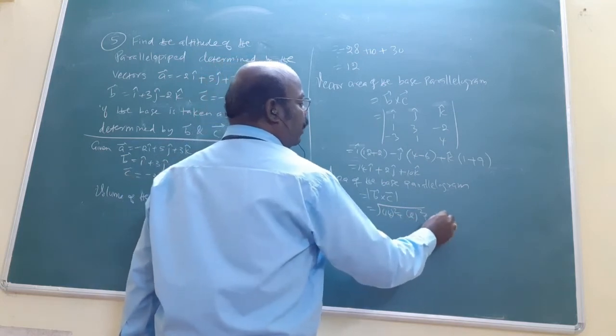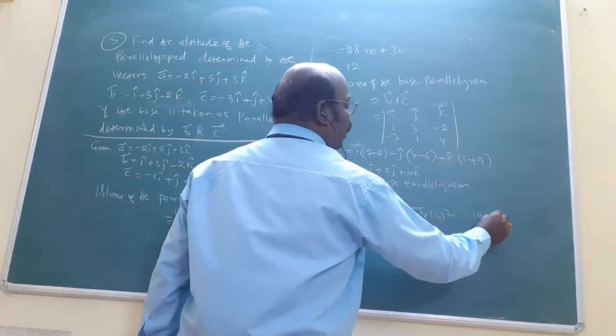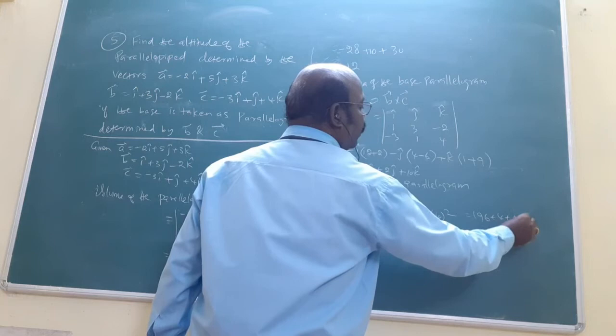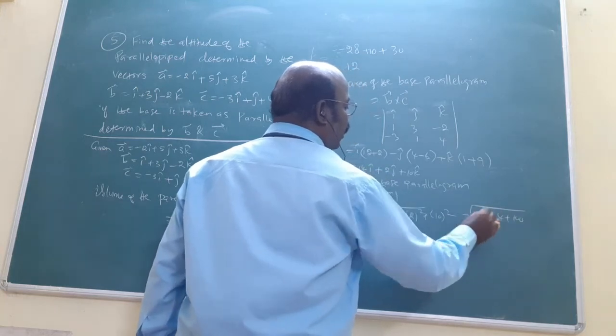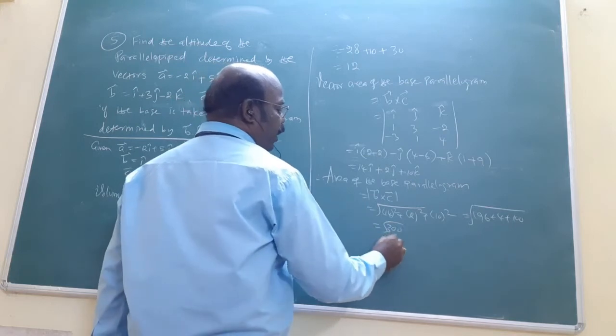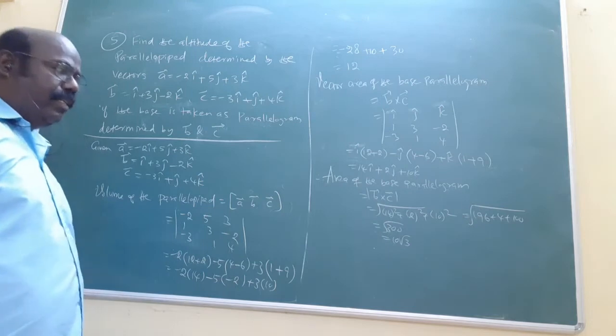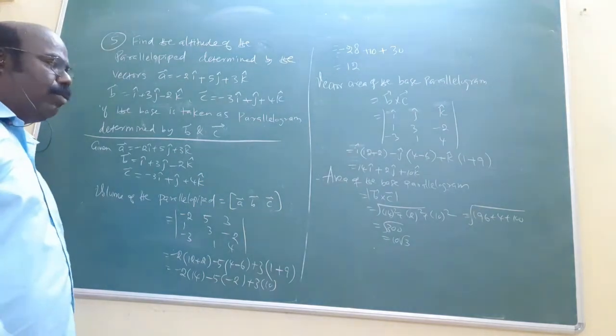Now square: 196 plus 4 plus 100. That is 300. 300 can be written as 100 into 3. Square root of 100 is 10, so 10 root 3.